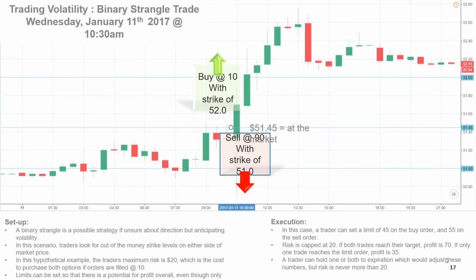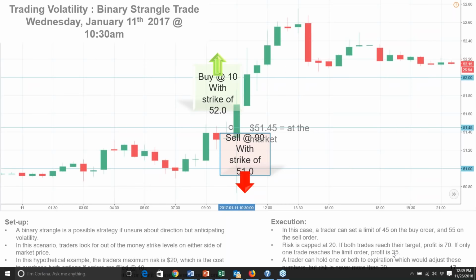So in this case, the trader can set a limit of 45 on the buy order, 55 on the sell order. It's really up to the individual trader. Risk is capped, as I said, at $20, which is what you pay for both trades. If both trades reach their target, and again, it really depends on how much the market moves and your time horizon, it is possible with a strangle trade for both of your trades to end up at some point in the money.